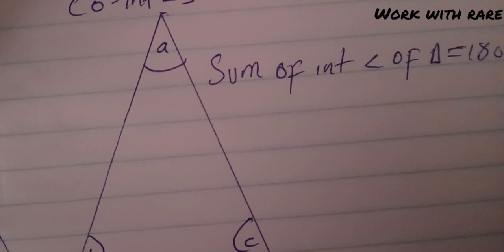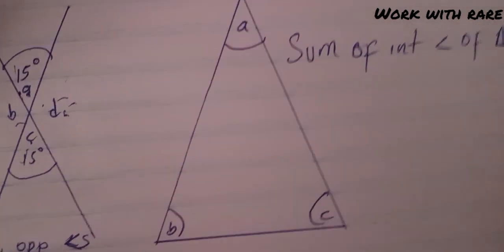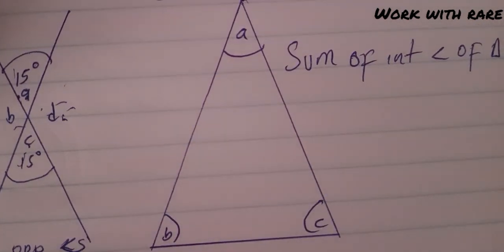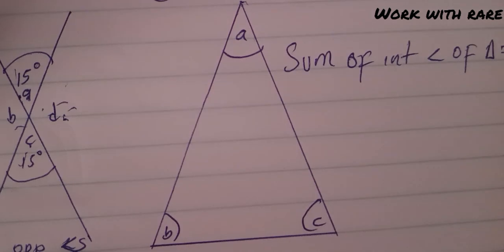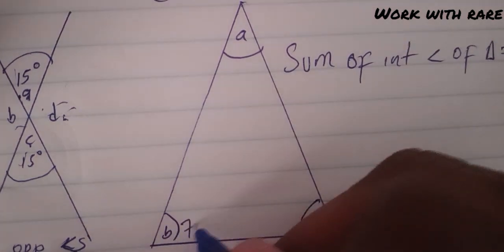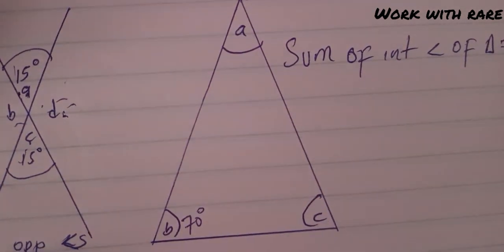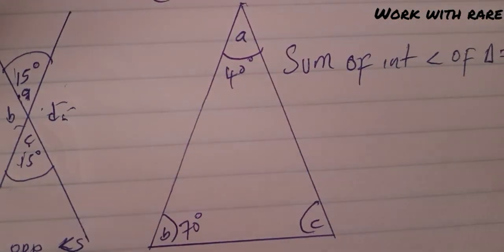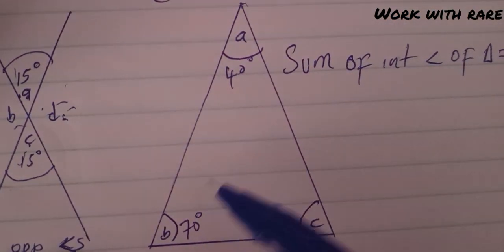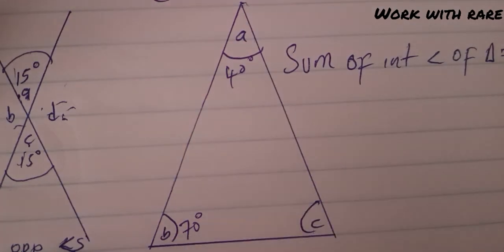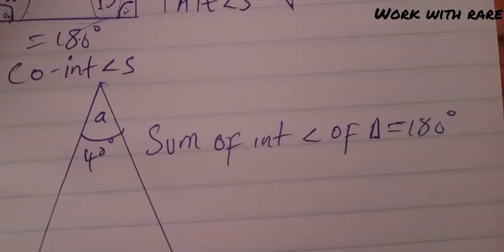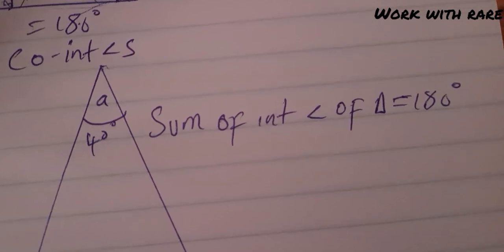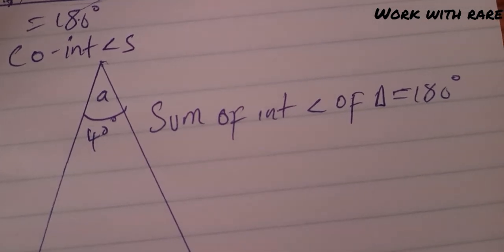What do we mean? Angles A, B and C should add up to 180 degrees. For example, let's say this one is 70 degrees, this one is 40 degrees, and this one is unknown. So we'll say 40 plus 70 plus C is equal to 180. Our reason will be: sum of interior angles of a triangle is equal to 180 degrees.